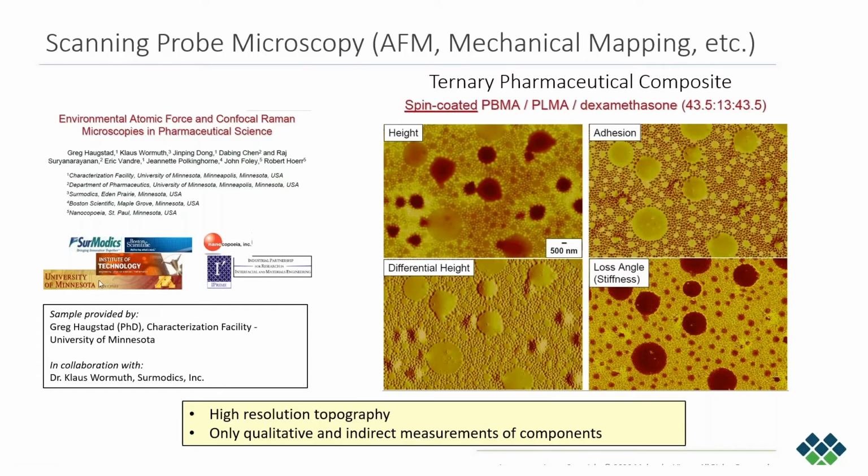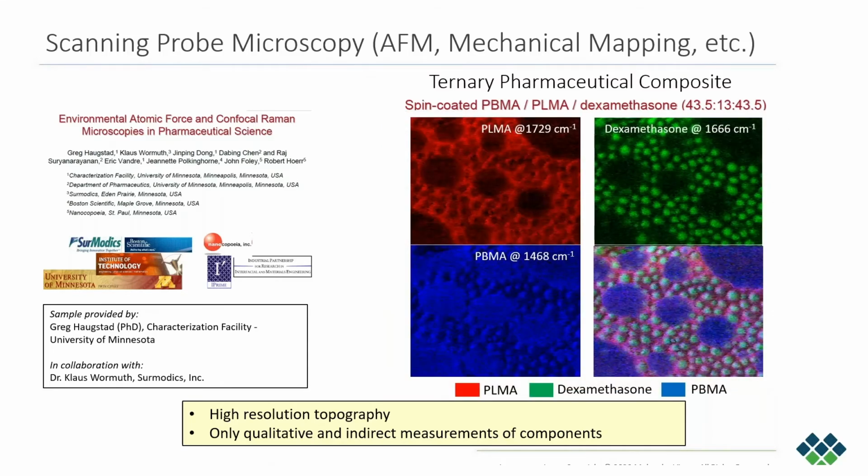So now we can briefly revisit this sample, the ternary pharmaceutical composite material. We saw that the adhesion and stiffness images highlighted complementary features. But since we know the vibrational bands associated with PBMA, PLMA, and dexamethasone, we can image this same sample at such wave numbers.